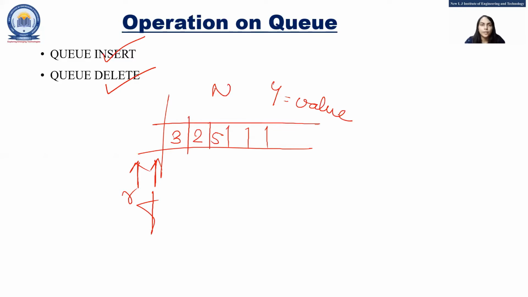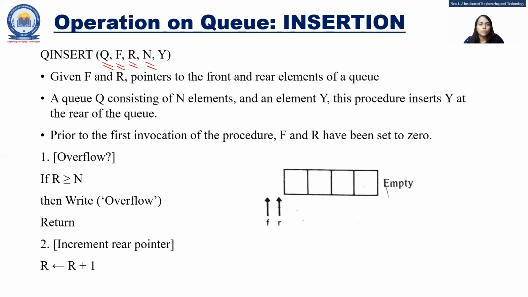Now let us see the algorithm to insert an element in the queue. The algorithm name is queue insert. It takes 5 arguments as we have seen: Q, the front pointer, the rear pointer, n, the maximum size, and y, the value which we want to insert.